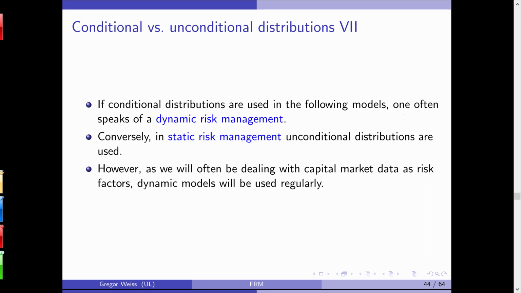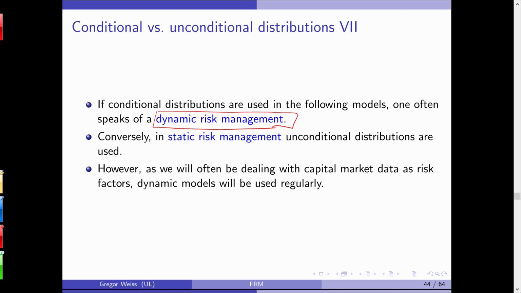Okay. Now, also, this is interesting. If you ever hear or read something about dynamic risk management, it will almost always be related to a conditional distribution model. If you hear something about static risk management, it's an unconditional model. So in many cases, people and textbooks will not talk explicitly about conditional or time-varying modeling.